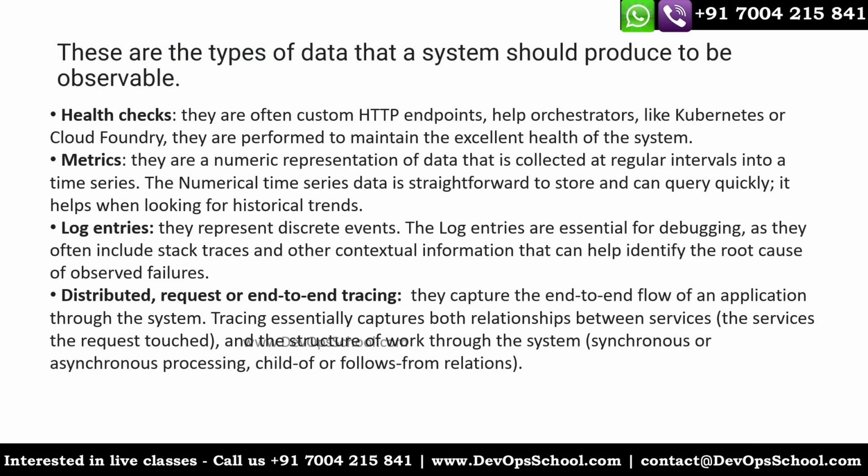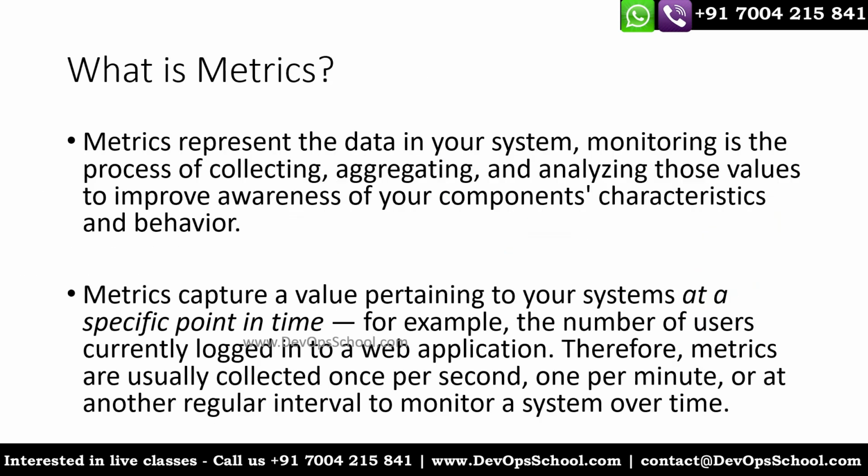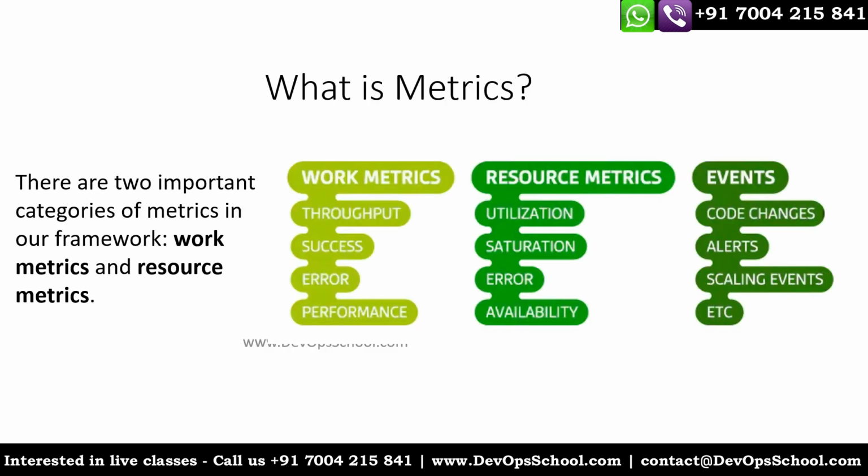So if you want a system to be observable, you have to gather this data which we have discussed. I'll skip too much discussion. Metrics, more or less, we understand. There are work metrics, resource metrics, and event metrics. As part of the work metrics, you get throughput, success, error, performance.